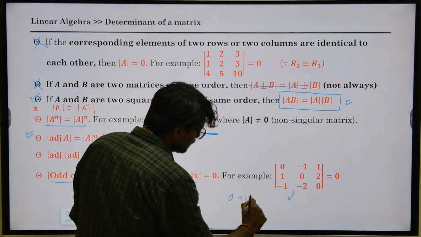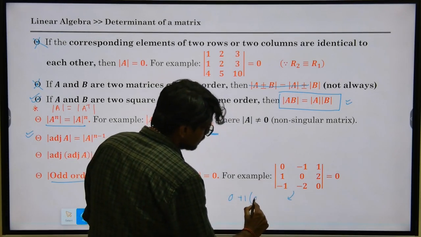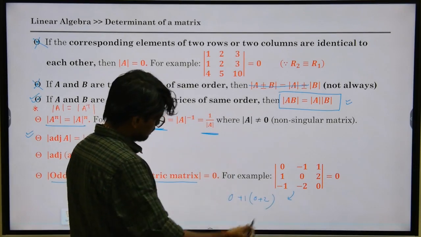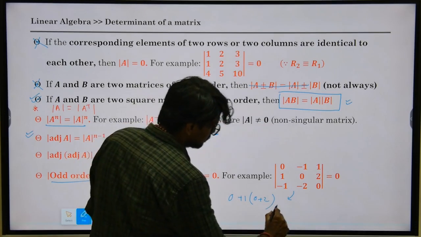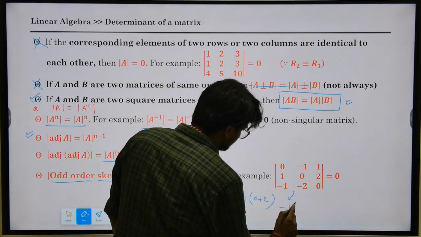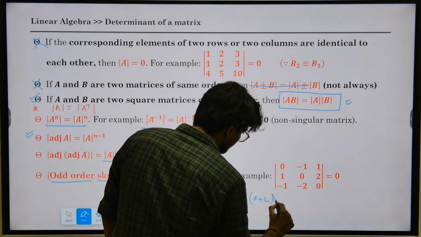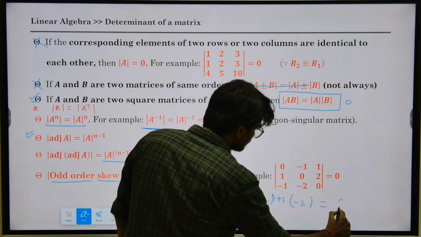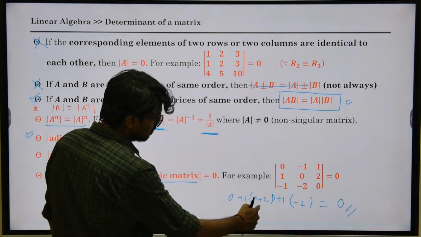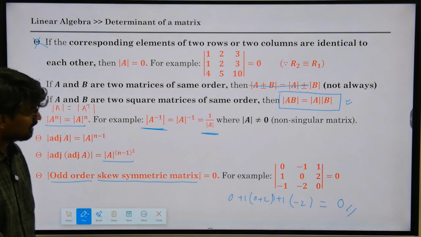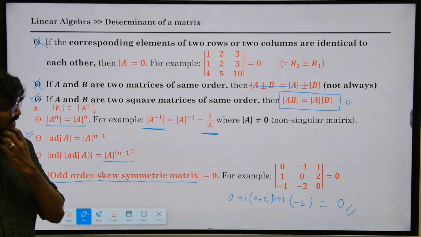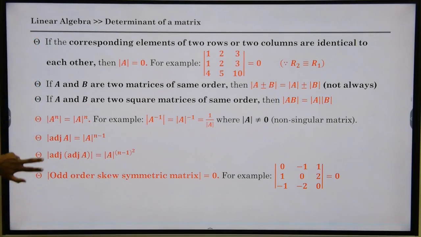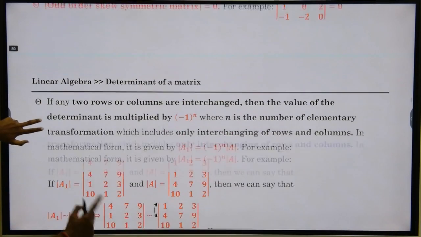This one plus 1 into minus 2, that will be equal to 0. Plus 2 minus 2, that will be 0. So if I take odd order skew symmetric matrix and if I find out determinant for it, that will become 0. One second, let me complete the balance also, then we will come back to this.